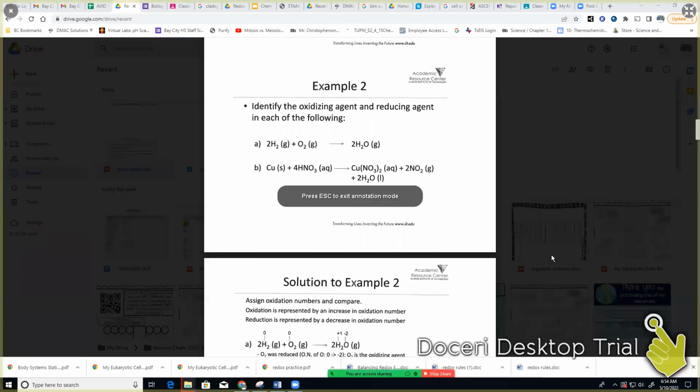You have to have both. All right, these are both 0 because that's their normal elemental state at room temperature. We said hydrogen's a +1 and the oxygen's a -2. All right, so that gives me all of my oxidation numbers.